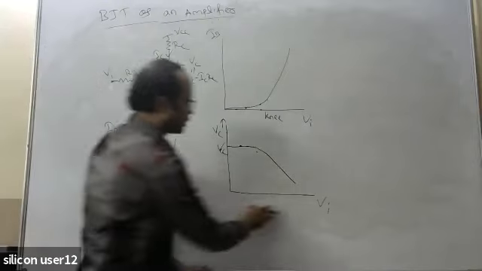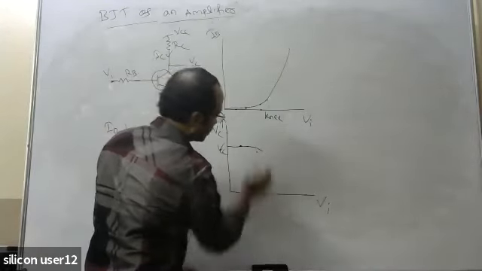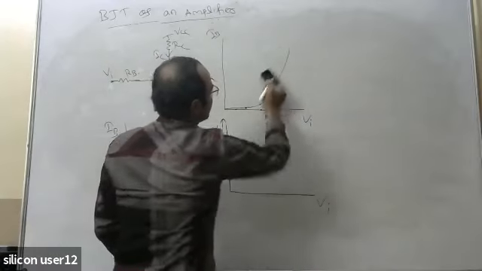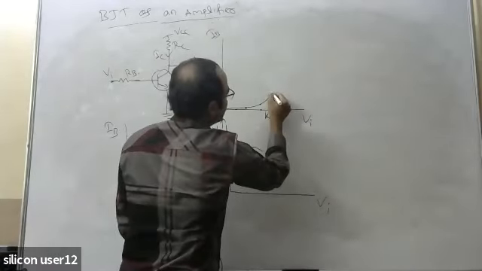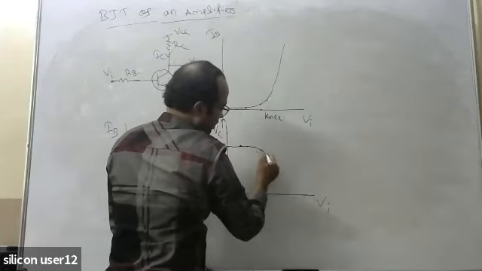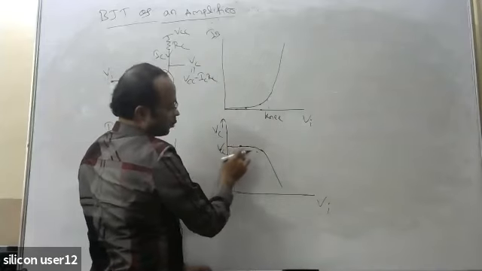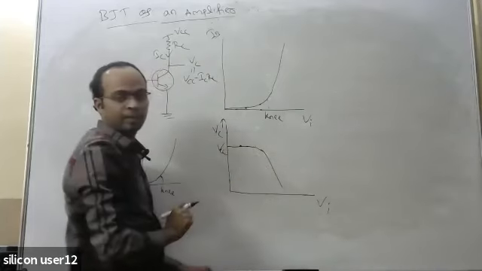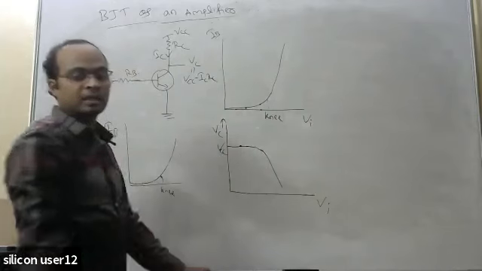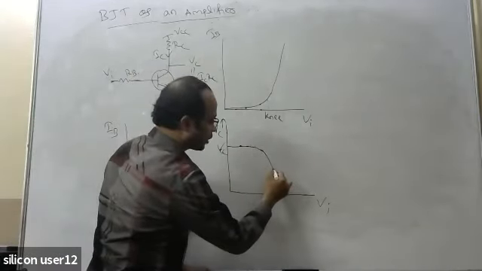When the input is moving like this, do this a bit more carefully. Here IB is increasing sharply, so here this VC, the output voltage, is decreasing sharply. Okay, so if it is like this, what are we finding out? Let us say this is the point of operation.